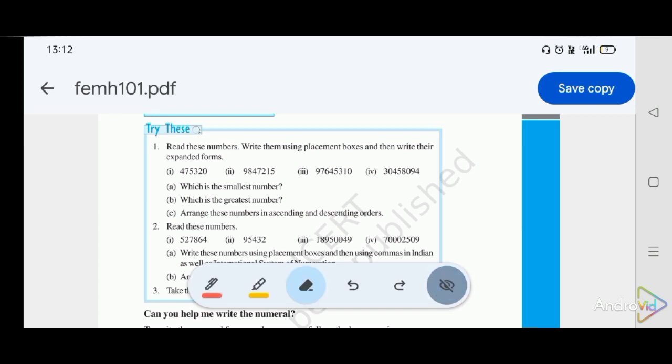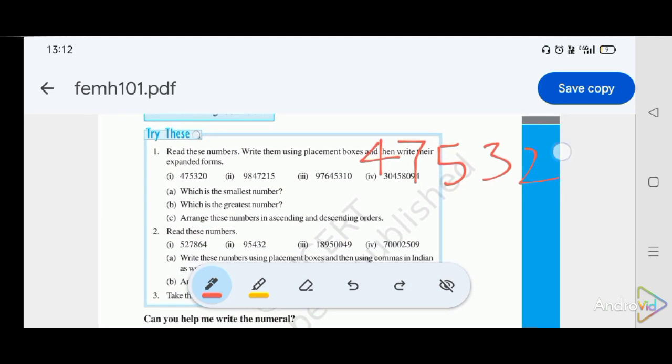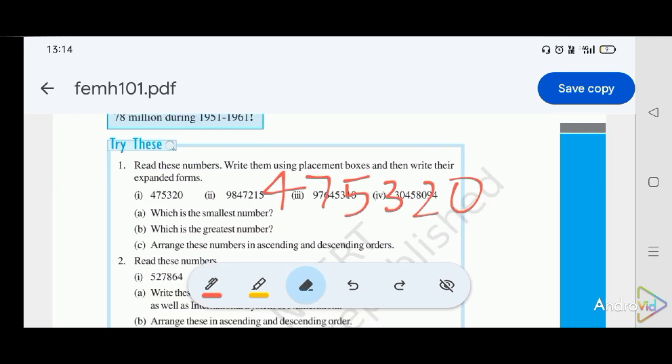First number is... here they have not given which type of numeration we have to consider. But we have just now studied the international system of numeration.